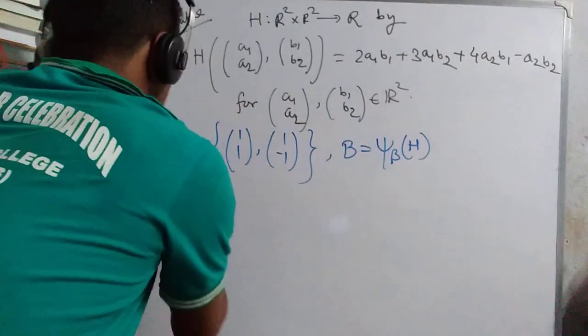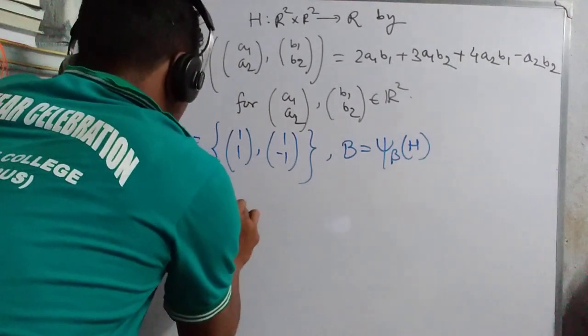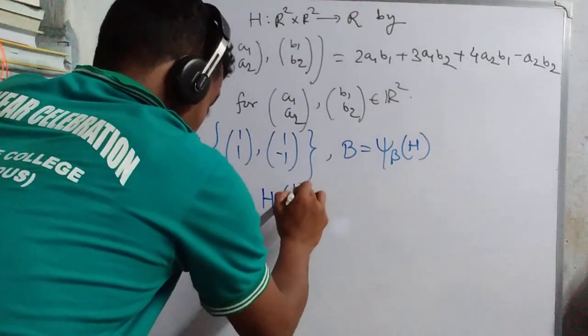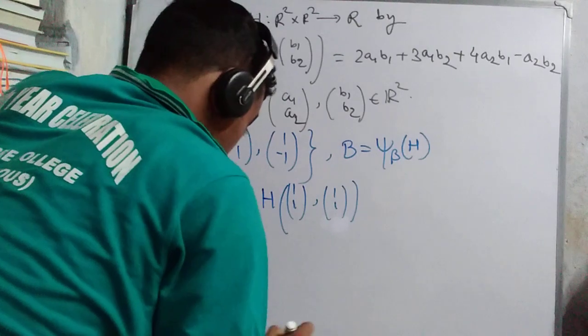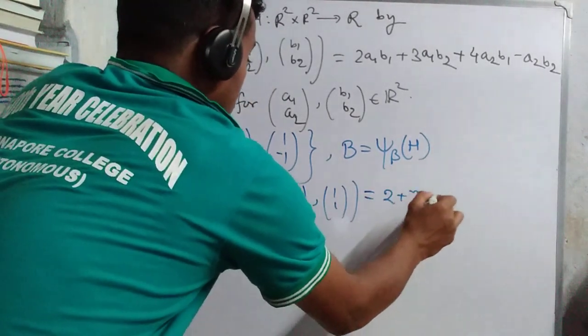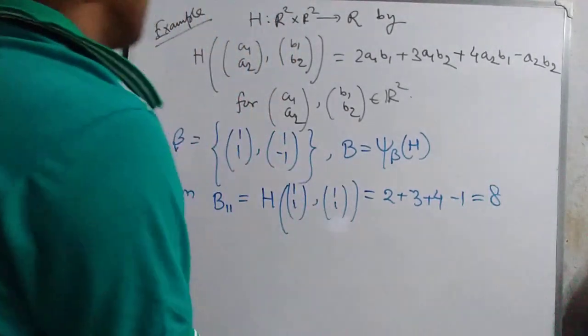Then B11 equal to H of (1,1), (1,1). This equals 2 plus 3 plus 4 minus 1, equal to 8.